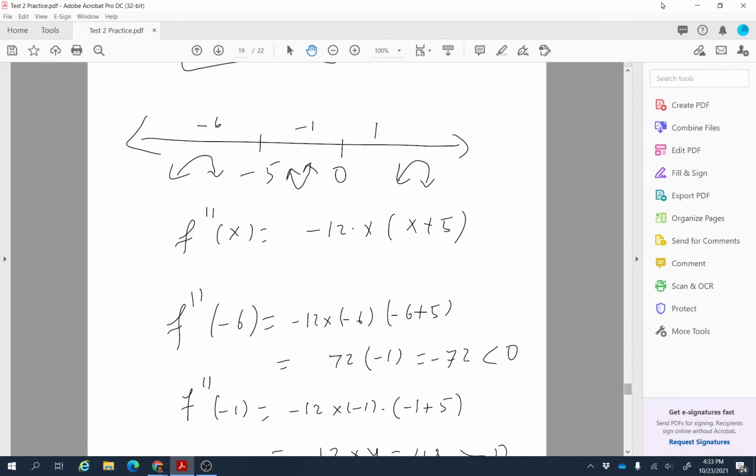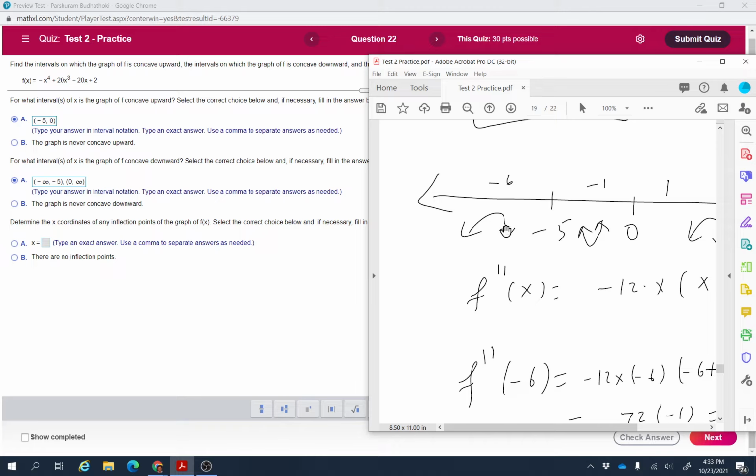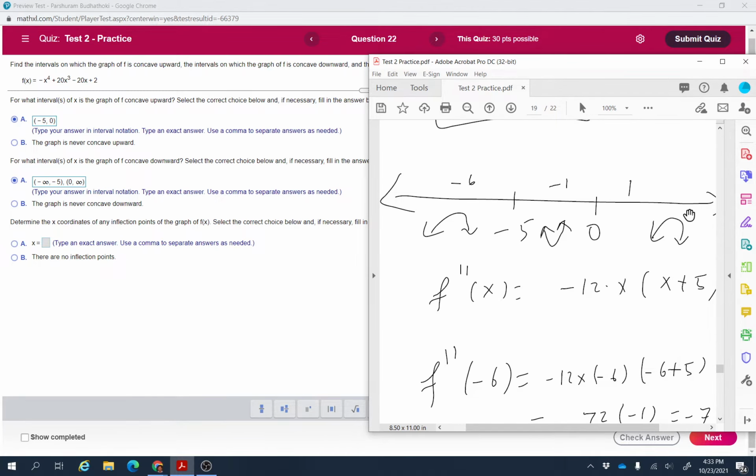There are two different intervals: -infinity to -5, and, they say separate your answer by using a comma, 0 to +infinity. Let me just double check. It's concave downward from -infinity to -5 and 0 to +infinity.